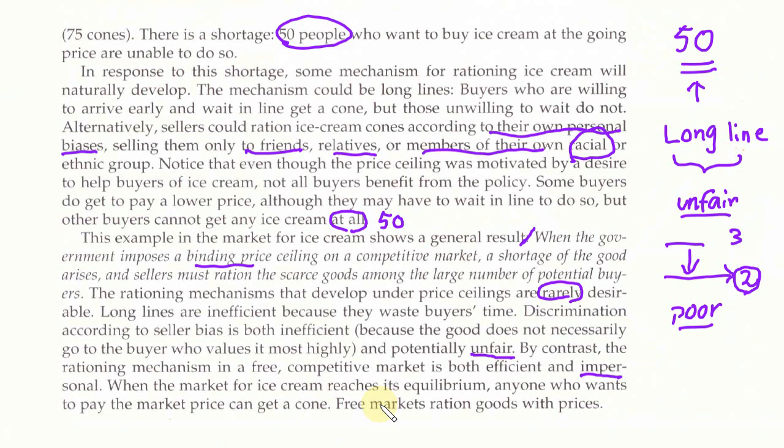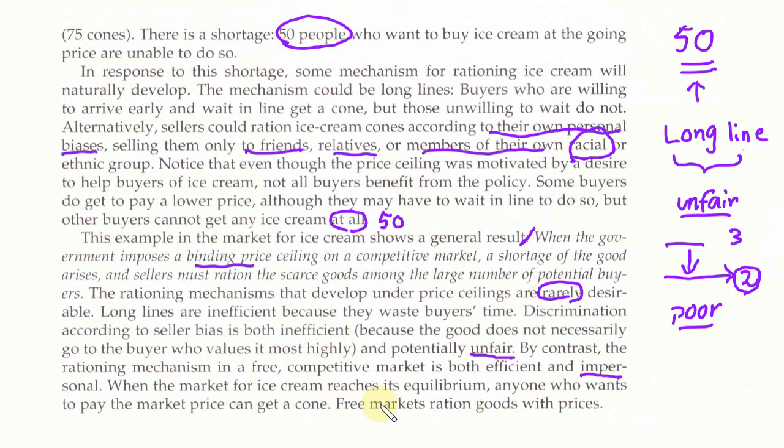Okay? And the third phenomenon is that distribution is done unfairly, not reasonably, because sellers can distribute according to their bias.